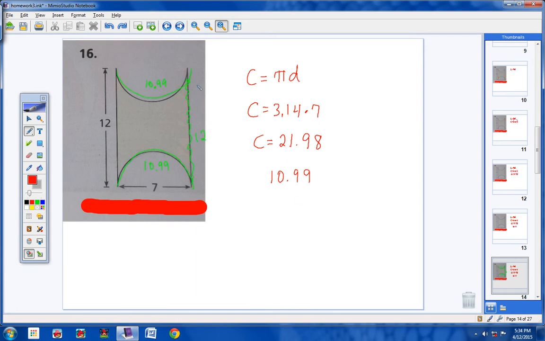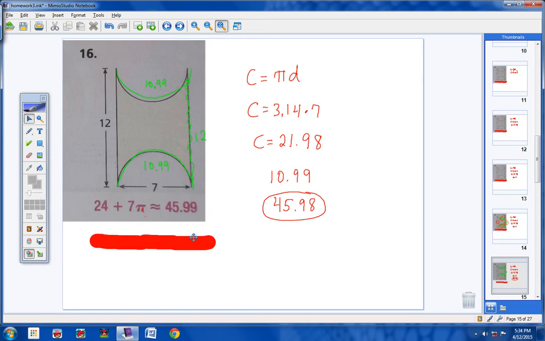That means this arc length from here to here is 10.99. This length is 12, so this length over here is 12 also. If I take 12 plus 10.99 plus 12 plus 10.99 and add all of those together, I will get 45.98, which is the perimeter around this figure.